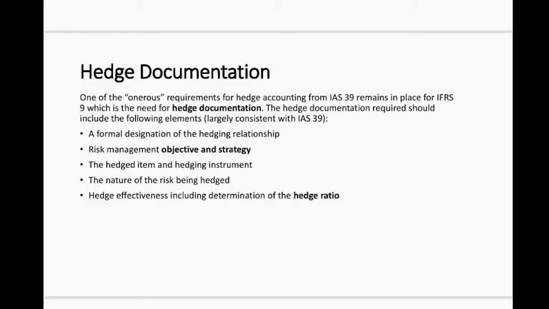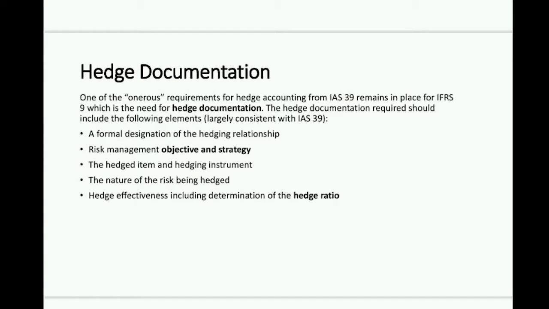We discussed hedge documentation earlier when I was recapping on IAS 39 requirements. It's remained largely the same as it was before, although one probably needs to consider that there are other new elements. The key new element here is really on the last bullet.